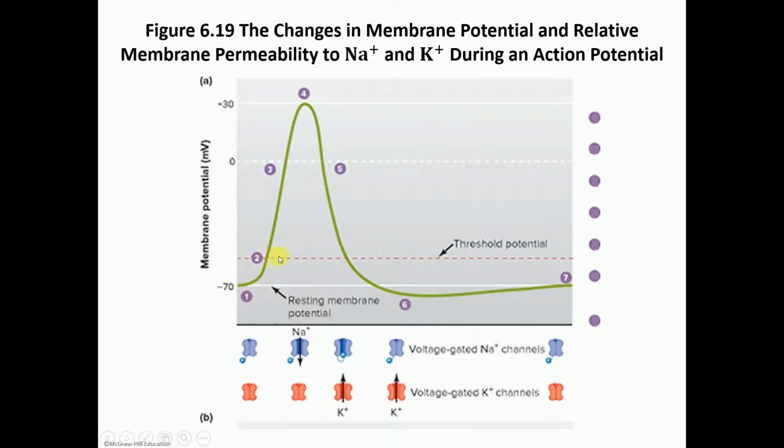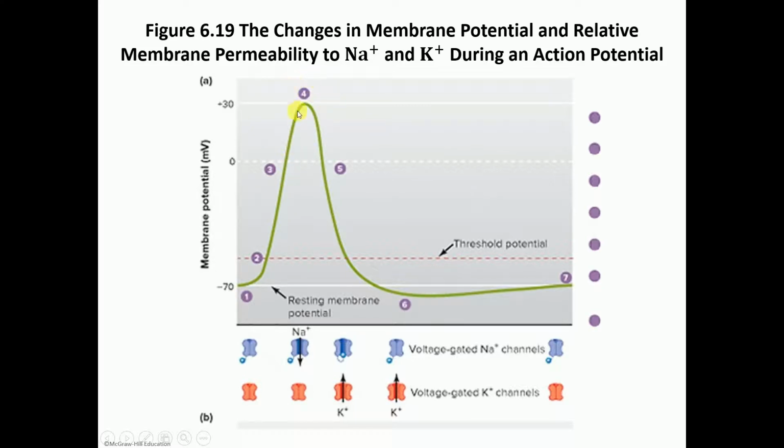If the inside of the nerve changes to -55, that means you have reached your threshold potential. At that point, sodium ion channels open up, leading to a rush of sodium into the cell, leading to the phase of depolarization.